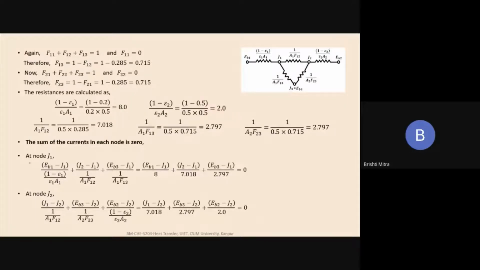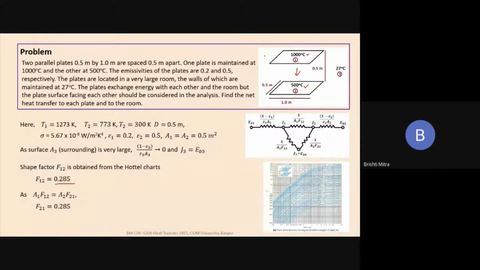Now let us look at the other things which are there. For example, we see that from the summation rule, F11 plus F12 plus F13 is equal to 1. What is F11 now? F11 means whatever radiation is coming out of body 1, how much of it is falling on itself? Nothing.